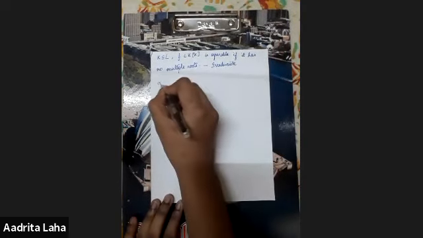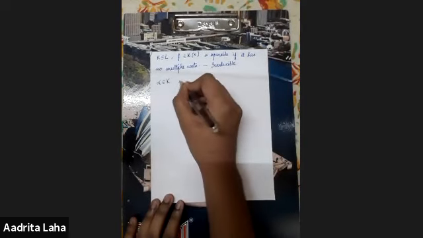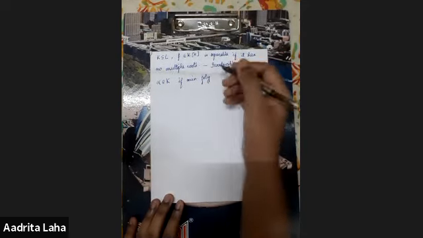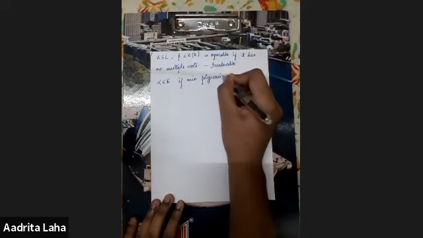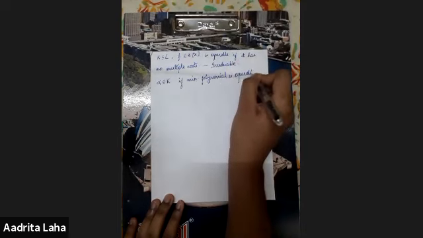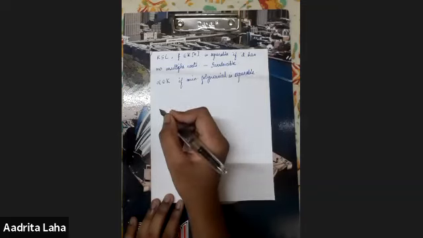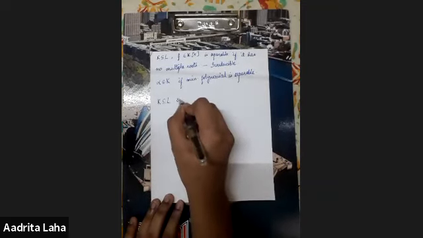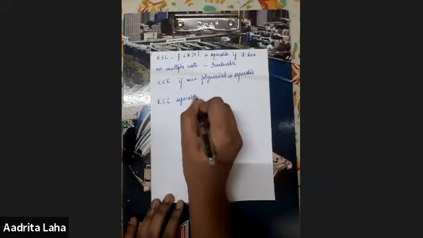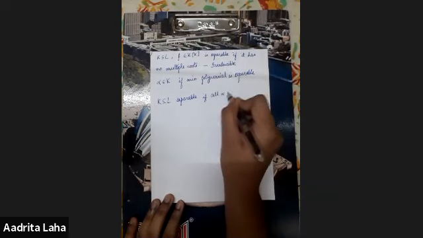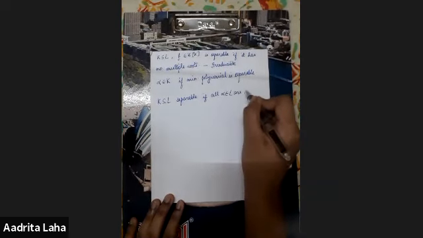An element alpha is separable if its minimal polynomial is separable. Finally, we called this extension L separable if all alpha in L are separable.